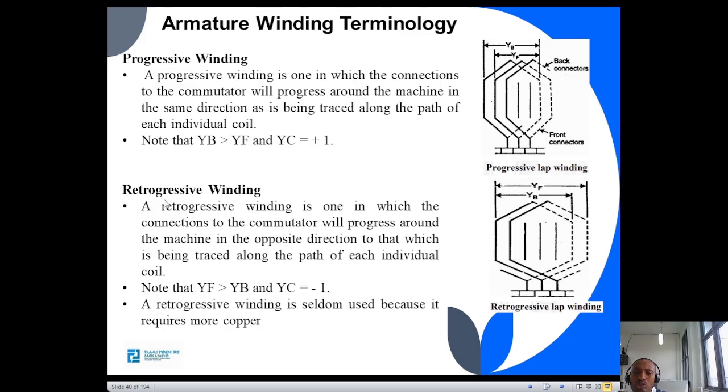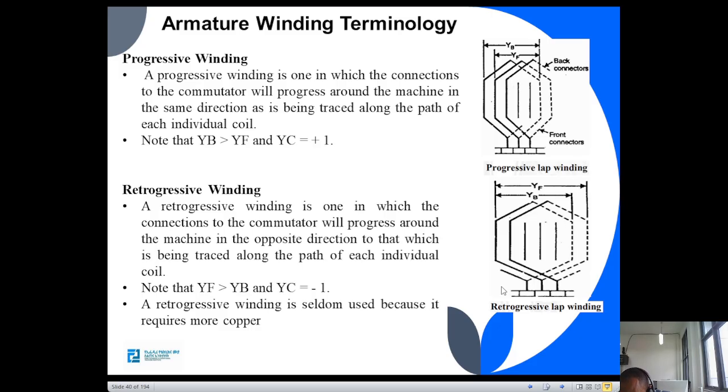But when you come to the retroprogressive winding, if you see this winding, for example, it starts from this commutator segment and ends at back commutators. It was starting here, but it ends here. In the case of the progressive, it starts here, ends here, just going forward. But this one is going backward. This coil starts here, and if you trace it back, it ends here.